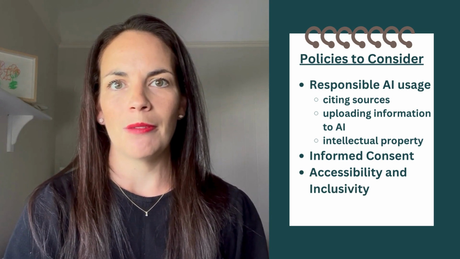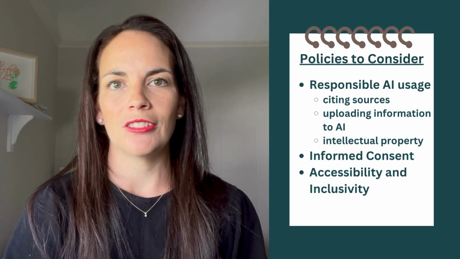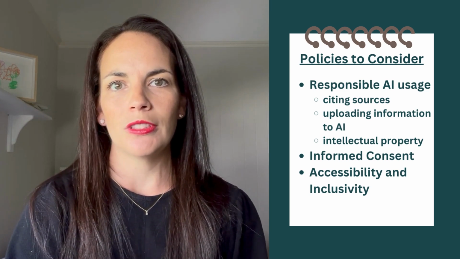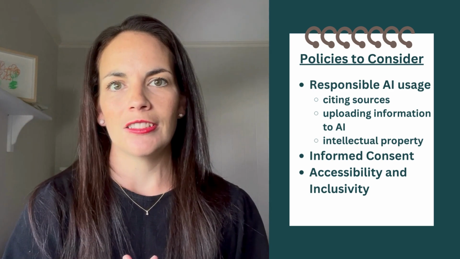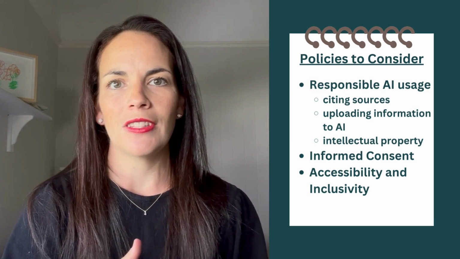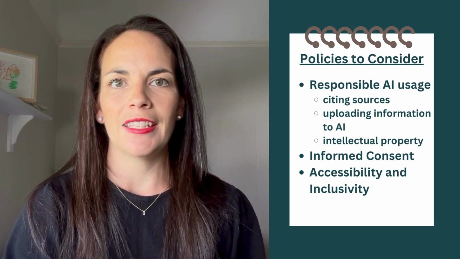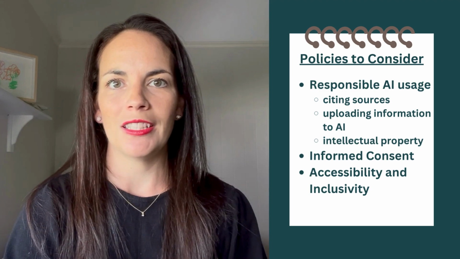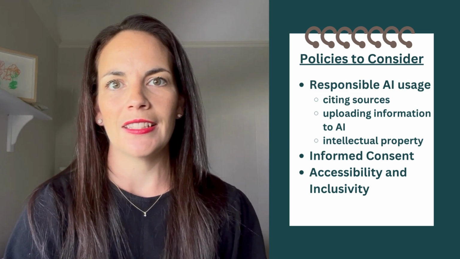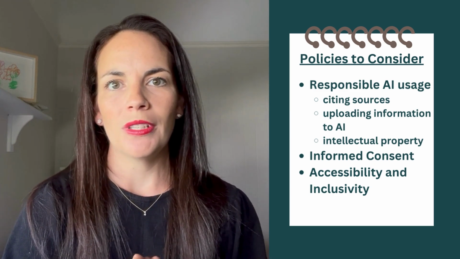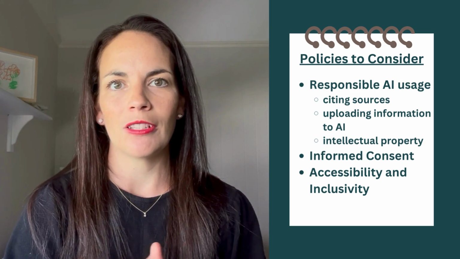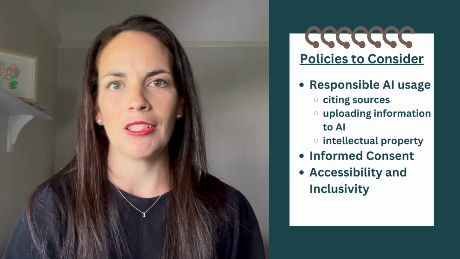That should probably come in a large policy and procedure document that is known throughout the whole school, but that it will include things like teaching students how to cite where they got their information from, making sure that they have some understanding of the information that they put into AI and how it's collected, and also understanding the intellectual property of anything that has been developed by AI and understanding what their rights are and who owns that information.